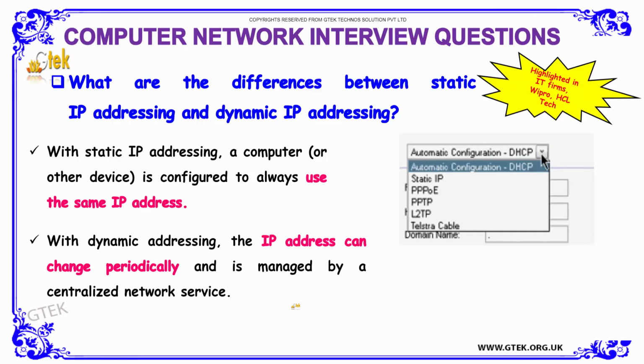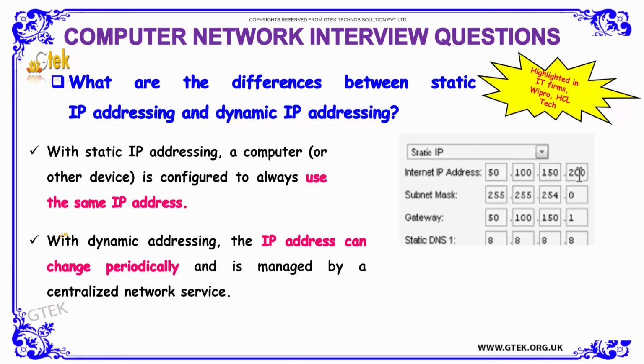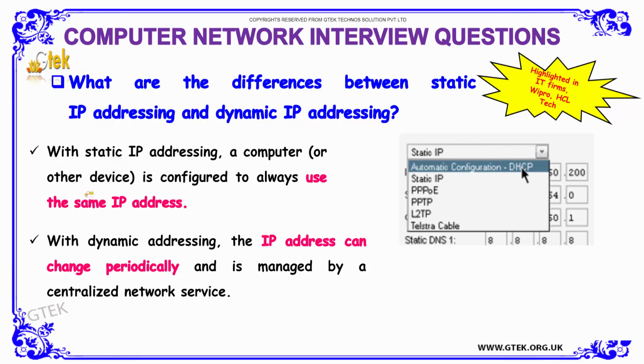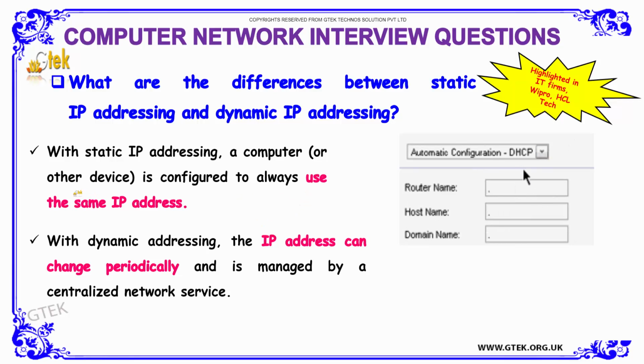Our next question is, what are the differences between static IP addressing and dynamic IP addressing? With static IP addressing, a computer is configured to always use the same IP address. It doesn't change.